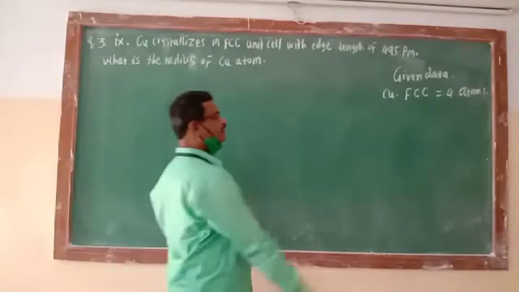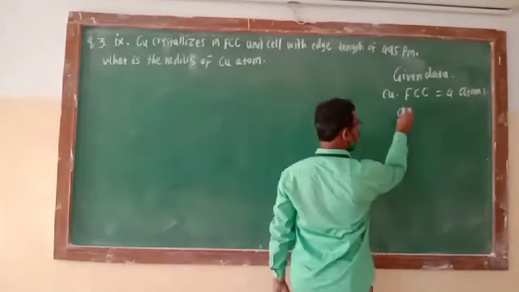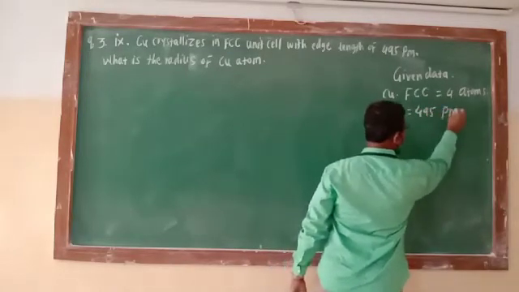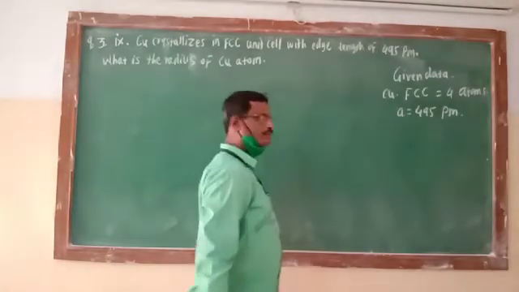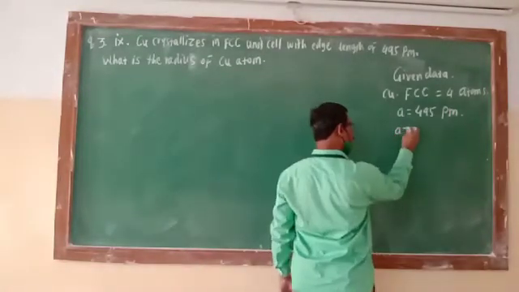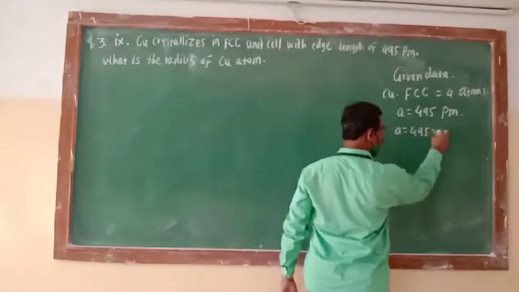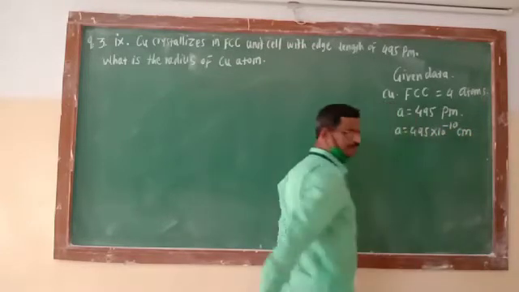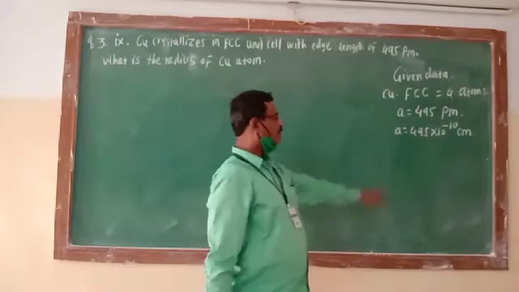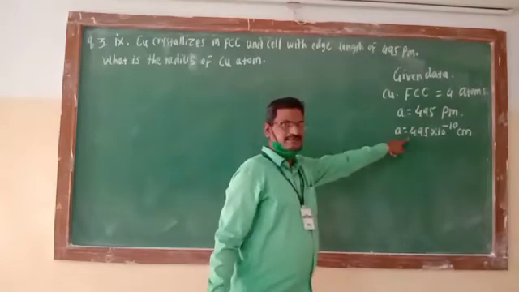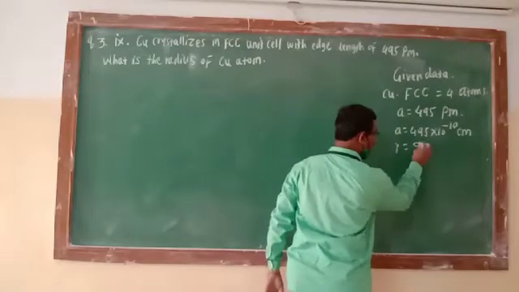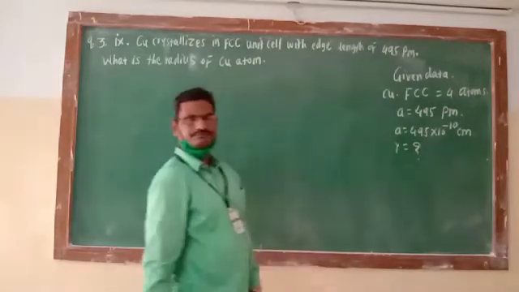And the edge length for this FCC is given as a is equal to 495 picometer, or a will be equal to 495 into 10 raised to minus 10 centimeter. And simply we have to calculate the value of radius r.